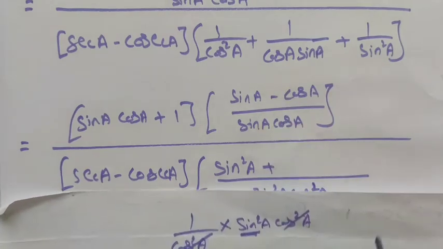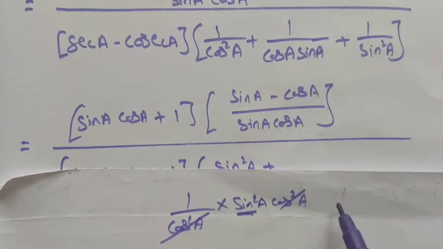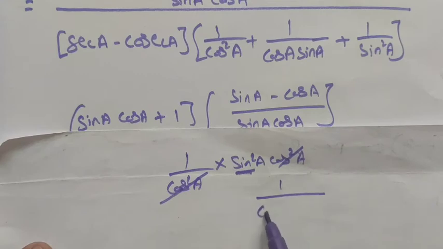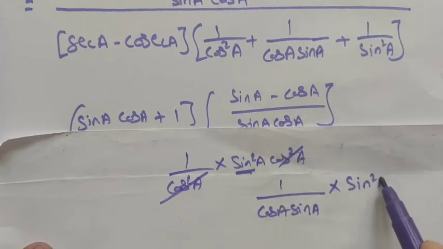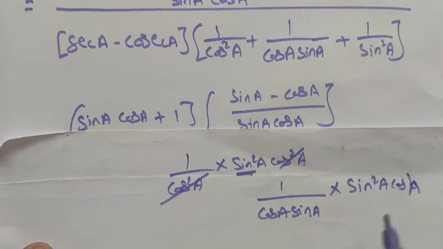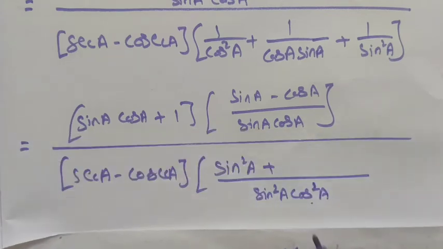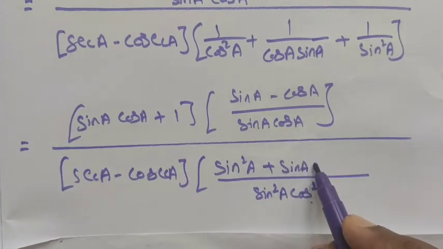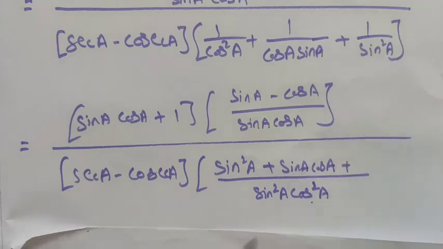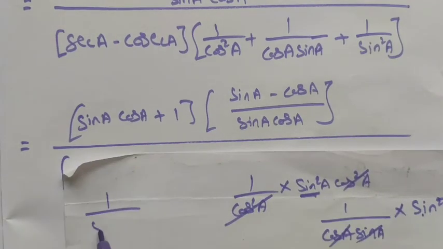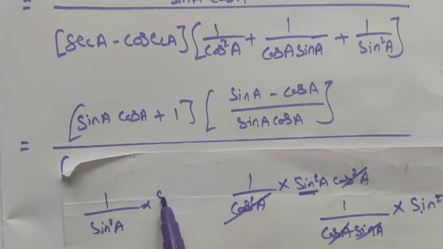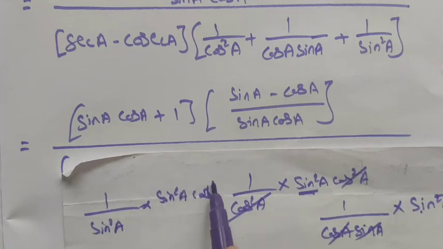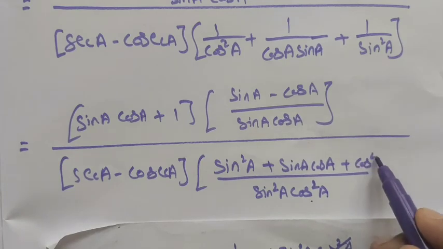Plus, here we already have cos A sin A, so cos cancels, sin cancels, we get sin A cos A. Plus 1 by sin²A into sin²A cos²A, sin² cancels, 1 into cos² is cos²A.